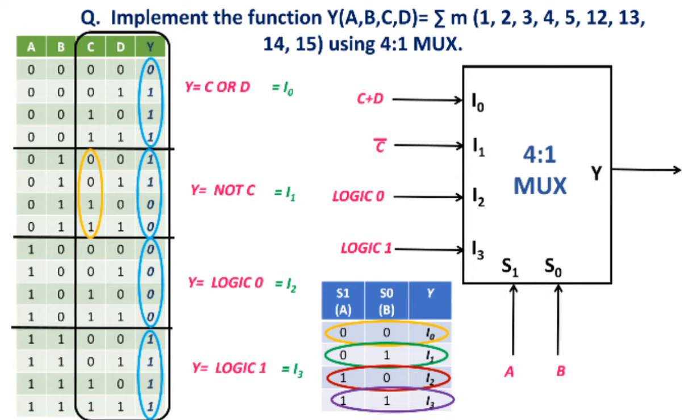And not to forget, mention the output Y of A, B, C, D. So after these connections, I can now say that this function, which is defined by the min terms 1, 2, 3, 4, 5, 12, 13, 14 and 15, has been successfully implemented with the help of a 4 is to 1 MUX. However, additional gates will be required in this case.